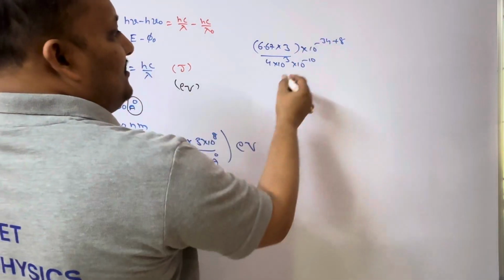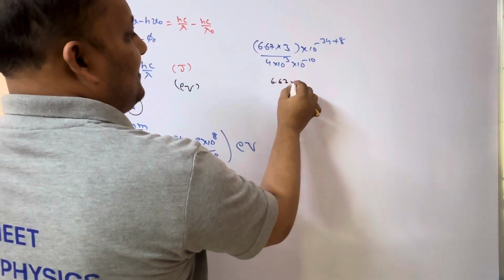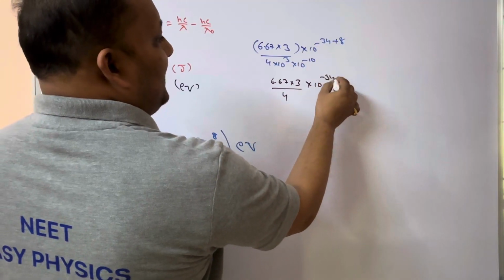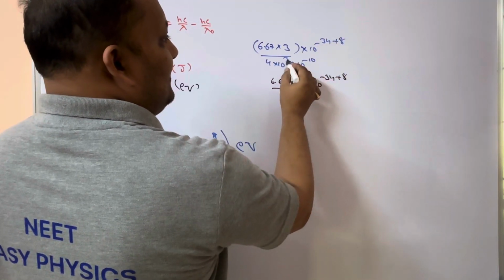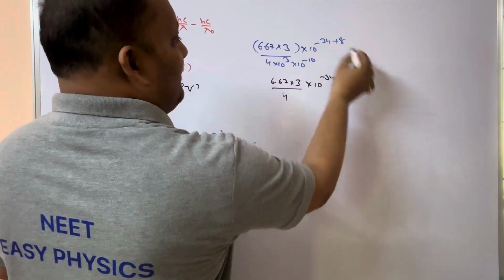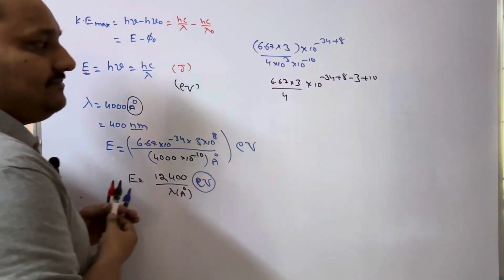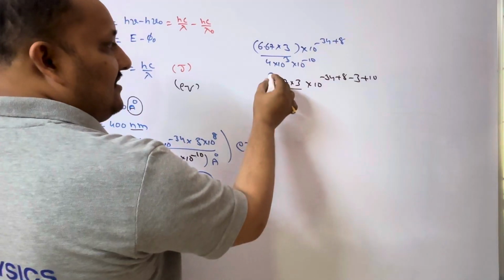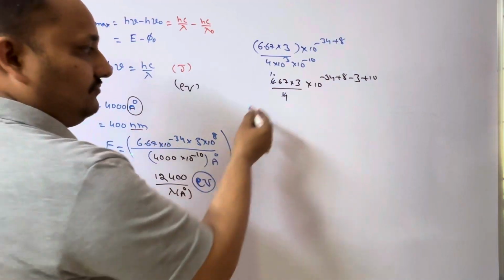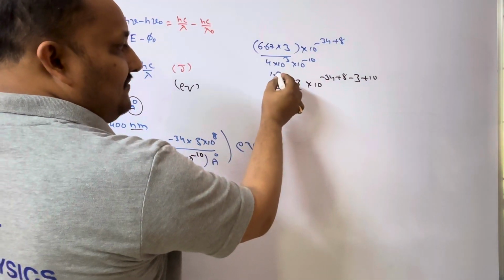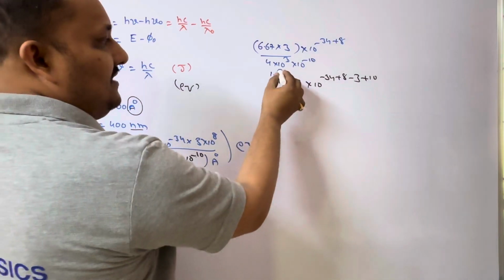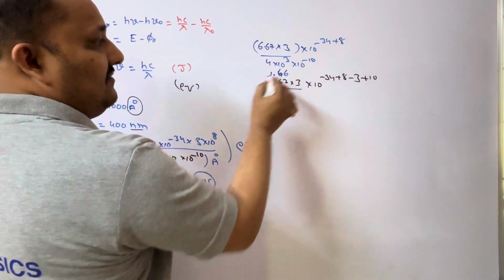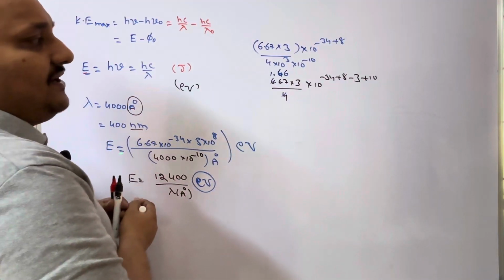So you can send it to the numerator: 6.67 into 3 by 4 into 10 power minus 34 plus 8. This minus 3 will become plus 3, minus 10 will become plus 10. So nearly, 4 will be cancelled in 6. 1 four is 4, so 2, 26. 4 fours are 16, 6 fours are 24. So 26, 27. Again 6 fours are 24.